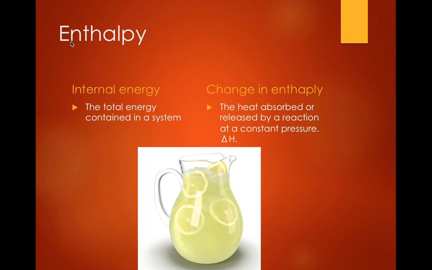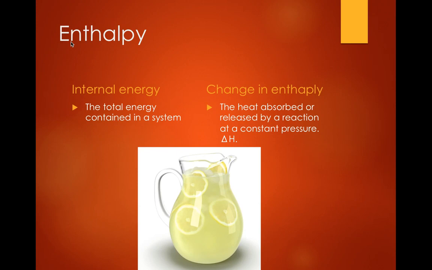Many reactions occur in systems at a constant pressure, such as a beaker at atmospheric pressure. To account for heat flow in such systems, chemists use a quantity called enthalpy. Similar to a beaker, an open pitcher of cold lemonade is a system at constant pressure, right? It's not a balloon.